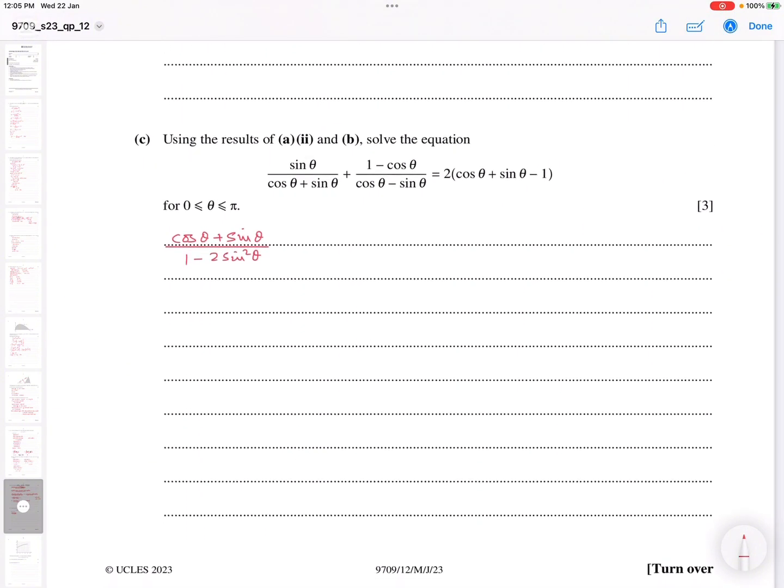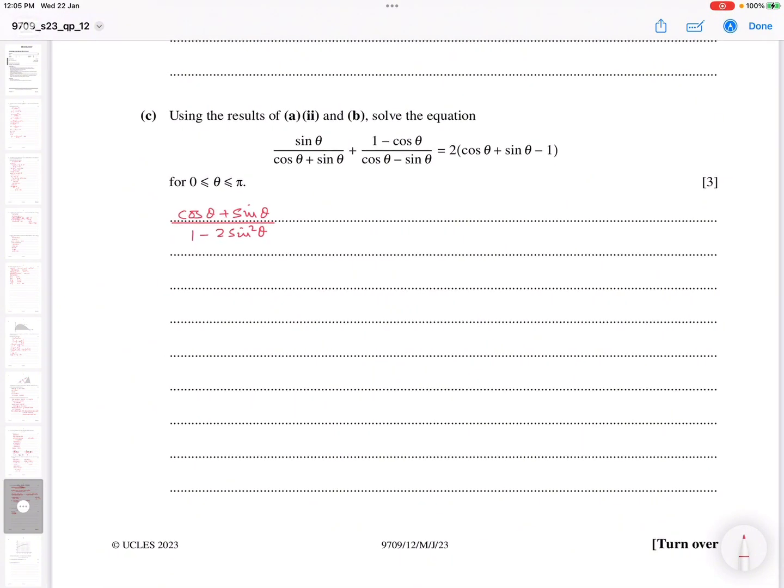Okay, now this is equal to 2 times cos theta plus sine theta minus 1.